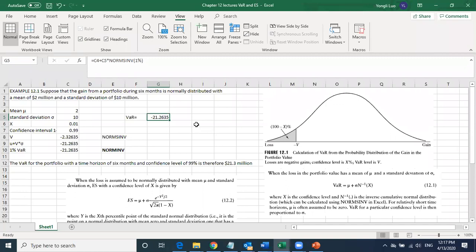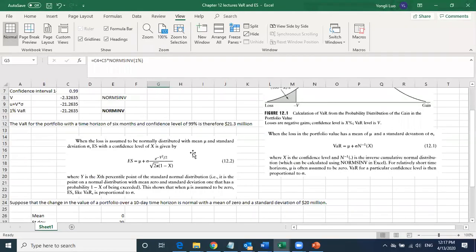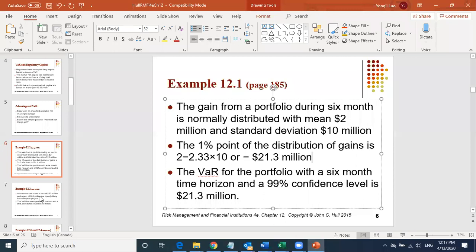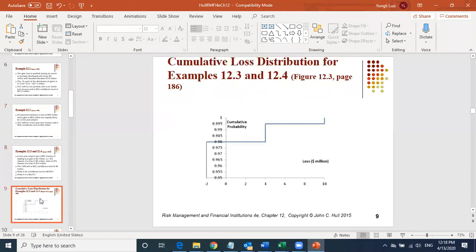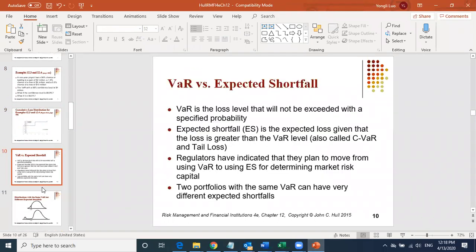So you can use this formula and the Excel function so that you know how to do the VaR using Excel. Okay, and next we talk about the expected shortfall.